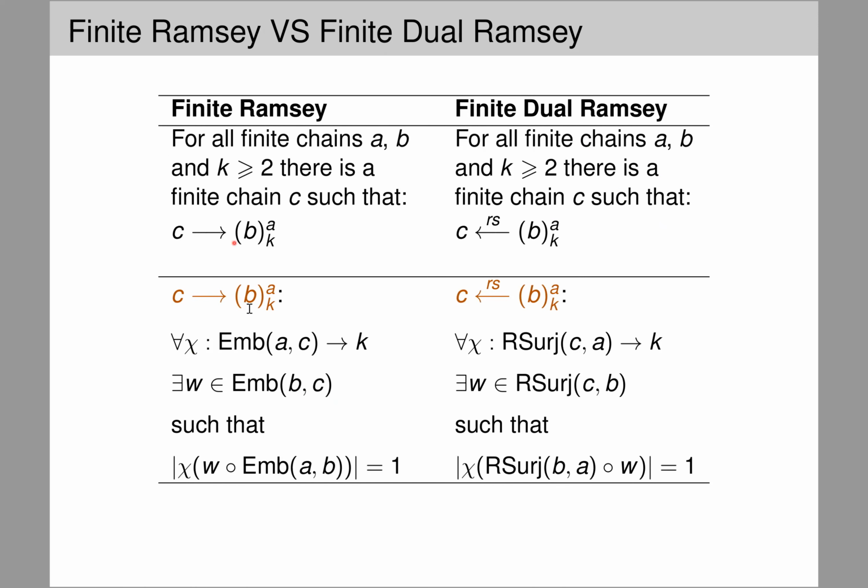So in finite Ramsey, we color embeddings from A to C. In finite dual Ramsey, we color special surjections from C to A. So these are special injections from A to C. These are special surjections from C to A. And then in either case, there is a morphism such that in the direct case, W composed with all the embeddings, these are copies of A sitting in a particular copy of B, attain at most exactly one color.